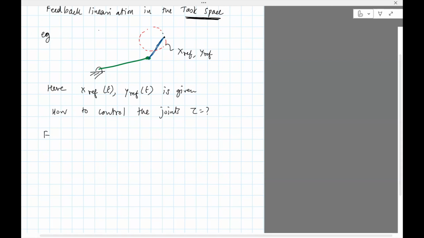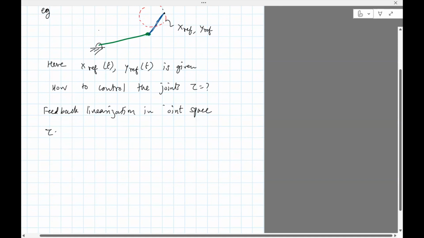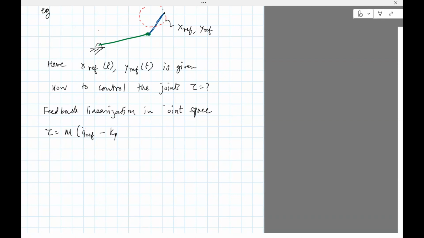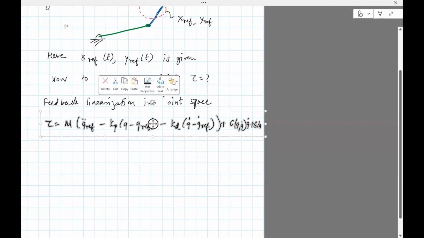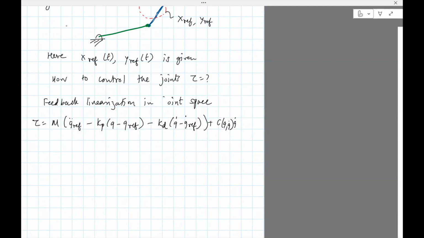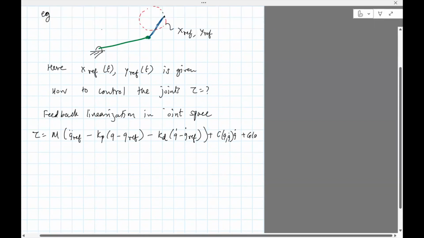Okay, so for feedback linearization in joint space, which we've seen before, in the previous section, we said that the torque should be m q double dot ref minus kp q minus q ref minus kd q dot minus q dot ref plus c q dot times q dot plus g of q. Okay, so that's the torque.